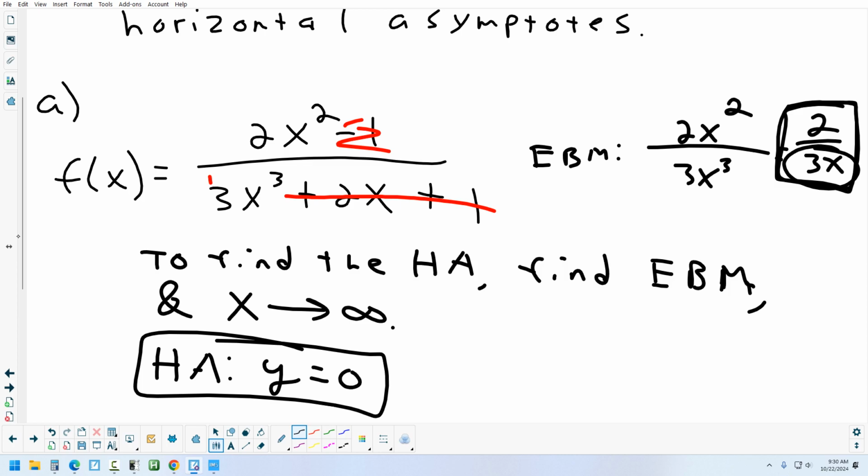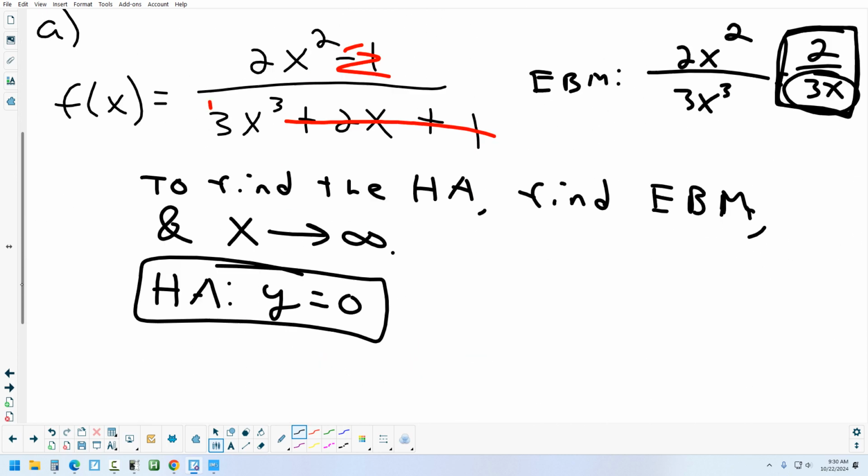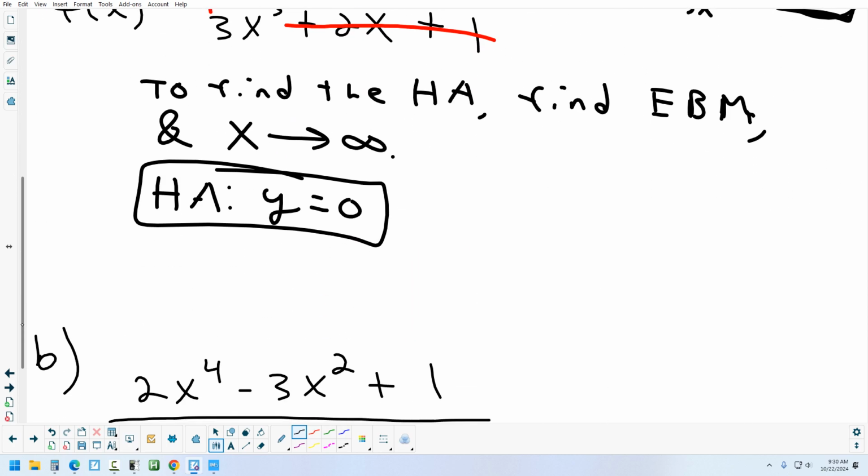If you divide 2 by 1,000,000,000, it's still not 0. 2 divided by 900 billion? No, it's not 0. It's small, but it will never be 0. The only way to get 0 is if the number at the top was a 0, and it's not. It's a 2. It's always a 2. So any question on finding the EBM and then the horizontal asymptote?